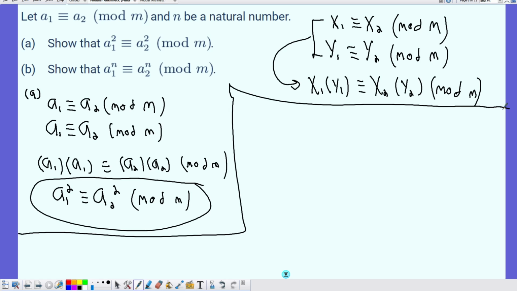So, how about part B? How can we show it to the nth power? Is there such a way? Well, we have established at least that, let's use the previous information to help us solve this. So a1 squared is congruent to a2 squared mod m.